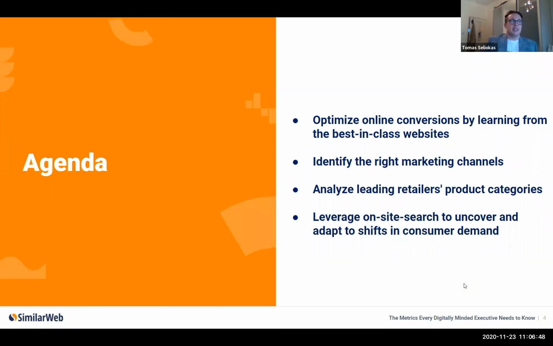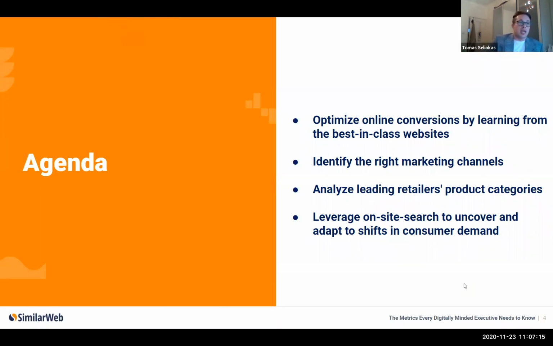And then we're going to move into analyzing leading retailers or marketplaces, and we'll look into product categories. When you work with a lot of brands, you know that lots of sales are happening not on your own website, but on retailers and marketplaces. The data is very scarce on that side, so making decisions and building strategy is very difficult.